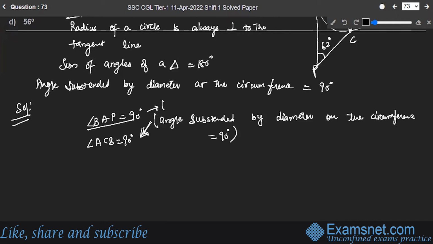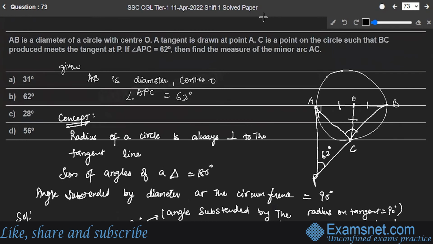The reason is the angle subtended by the radius on the tangent is 90 degrees. Okay, so I'm repeating this. This angle BAP is equal to 90 degrees.